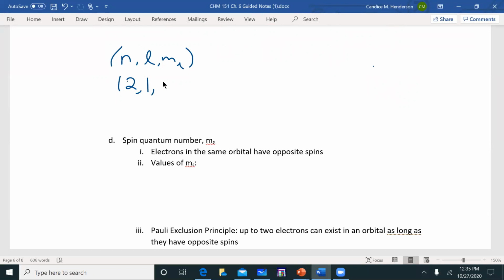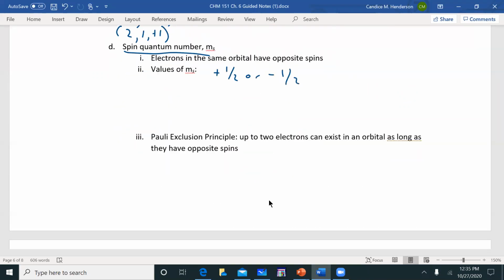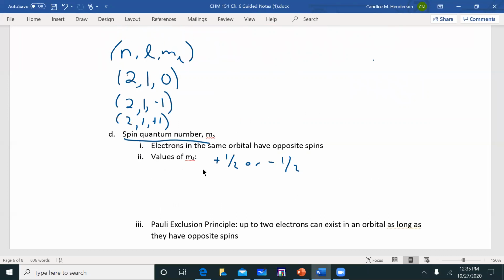So the valid values here could be 0, minus 1, or plus 1. We can add one last number, the quantum spin number, which is the ms number. The only options are plus 1/2 or minus 1/2, and that lets us know whether your electron is spinning up or spinning down.